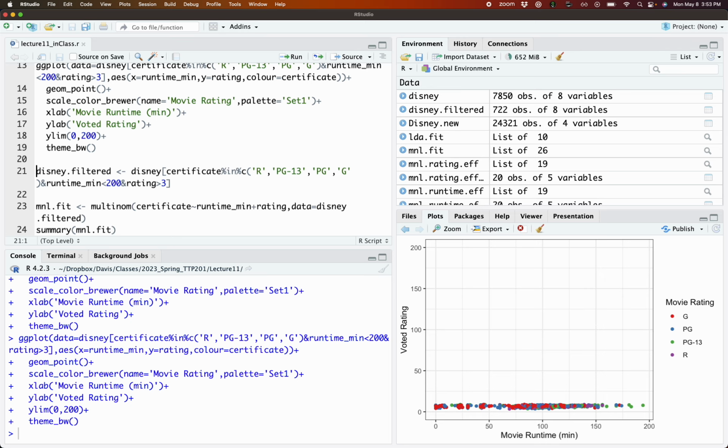Because the scale of my runtime and the scale of my rating is different. So I have to normalize the data, similar to the classes we did, 1 to 5 and 1 to 5.